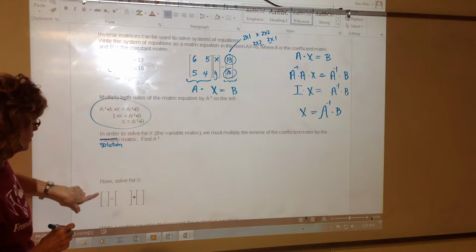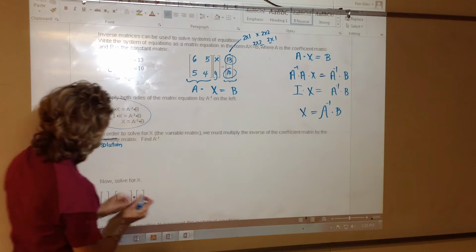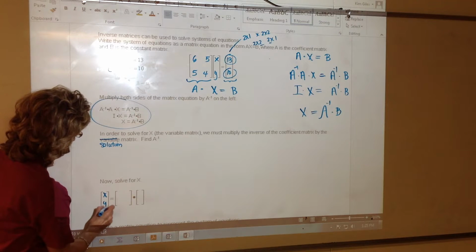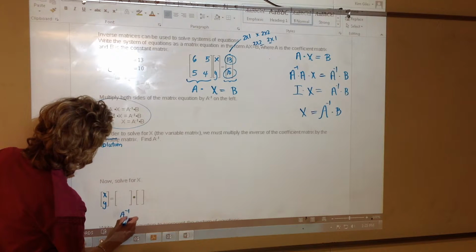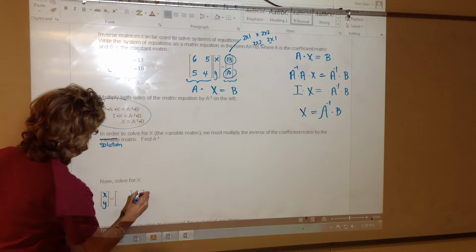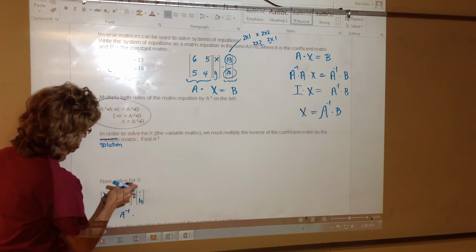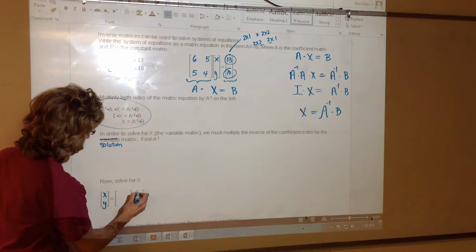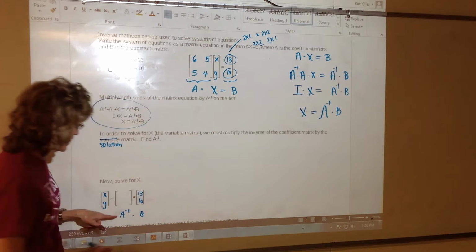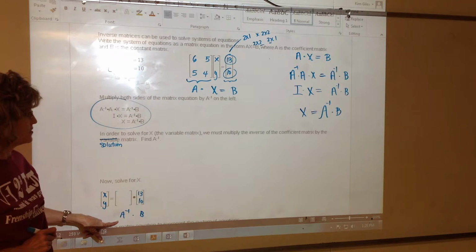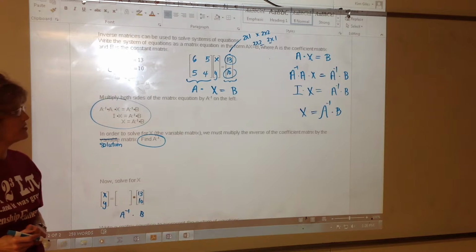So down here, where it says solve for X, in order to find the X matrix, which is made up of our two variables, X and Y, we're going to have to multiply A inverse times our B matrix, 13, 10. In order to be able to do this, what is next? What are we going to have to do? If I know that I need to multiply A inverse times B, I've got to find A inverse.